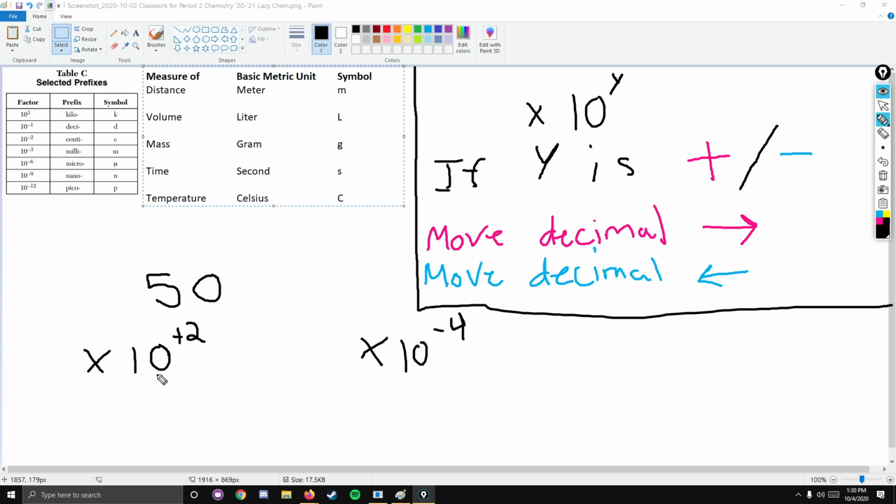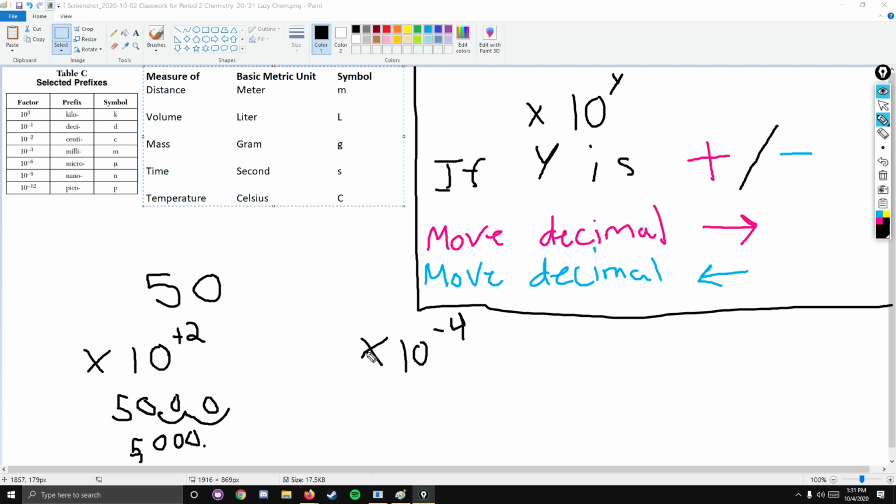If we're taking 50 and multiplying it by 10 to the second, we're going to move our decimal place to the right by 2, and each of these empty spaces ends up being a 0. So 50 times 10 to the second equals 5,000.